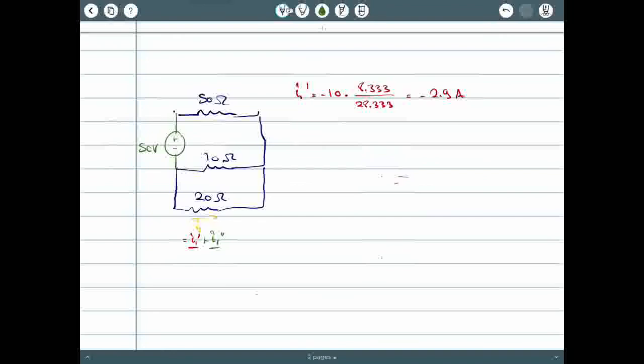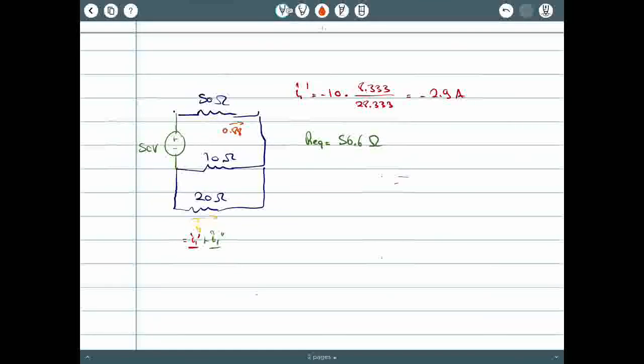And the equivalent is 56.6 ohms, and the total current here is equal to 0.88.